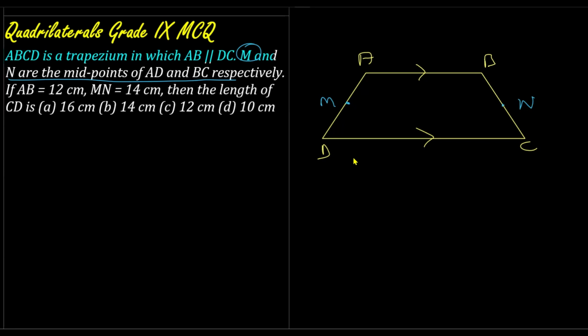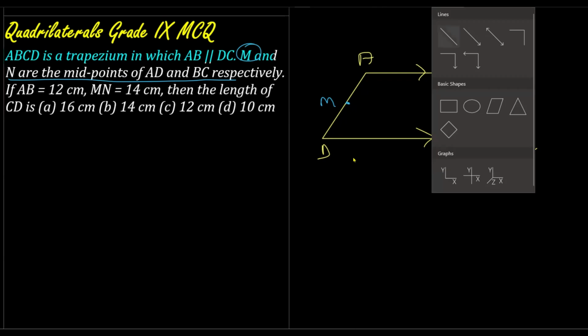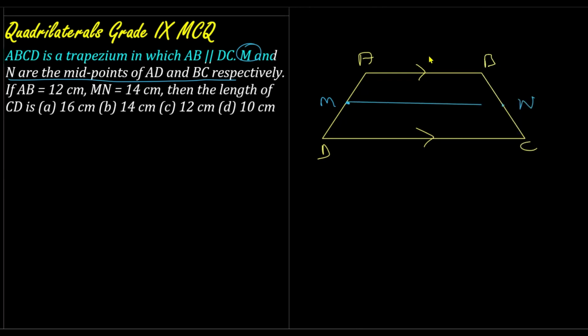And we are given some lengths. Let's first join MN. From the further information, the length of AB is 12 centimeter. MN is also given, the length of MN is 14 centimeter.